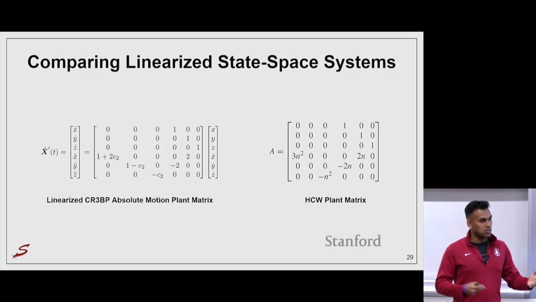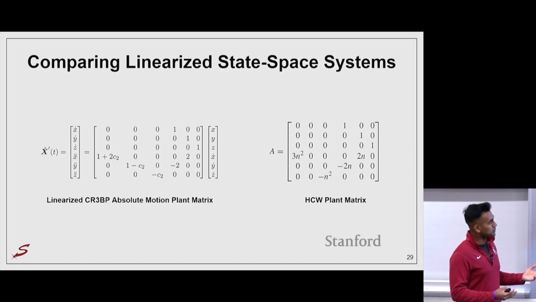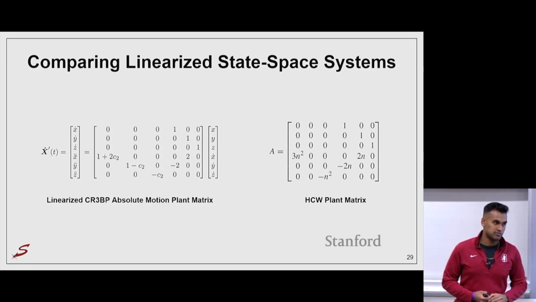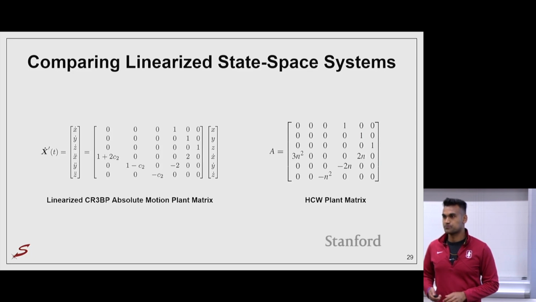So it's really all the same, started from the same fundamental system of three bodies, but then you restrict the mass of one particle, and then you restrict the mass of the other particle, and you end up at the two-body relative motion.